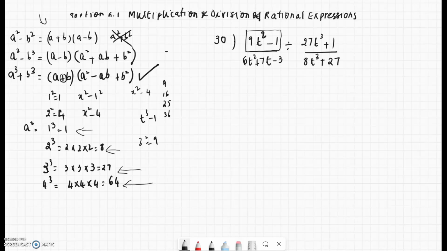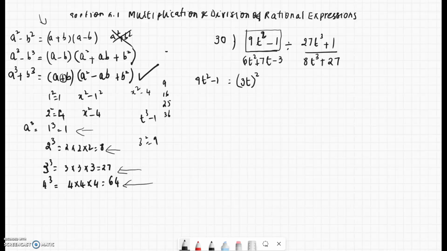So next, when you look at 9t squared minus 1, you know you can factor it. So we look at each factor. Let's do this separately. 9t squared minus 1 is a difference of squares because 9 is a perfect square. It's 3t the whole squared, which is 3 squared t squared.